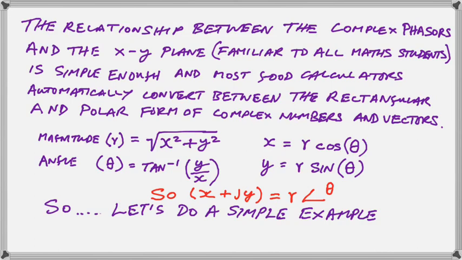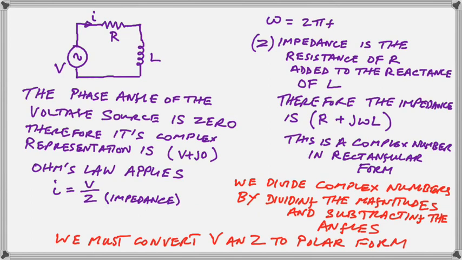Now, the change between the two will become really important when you see what you have to do in your network analysis. So we're going to give you a very simple example quickly to look at. Suppose we have a resistor in series with an inductor, and it's being fed from an AC voltage source. We use omega in the same way we use it in physics. It refers to 2 pi f, or angular frequency.